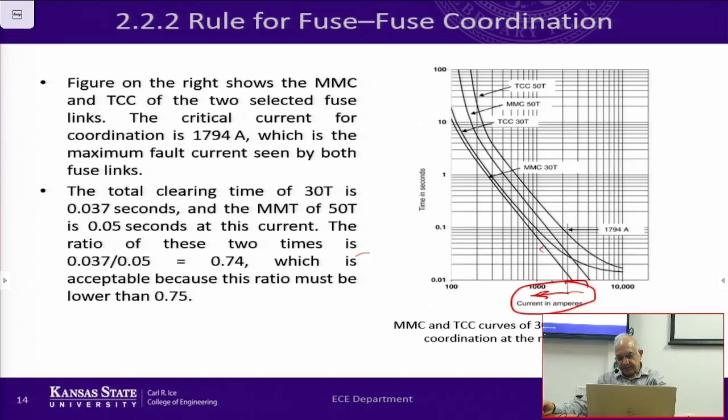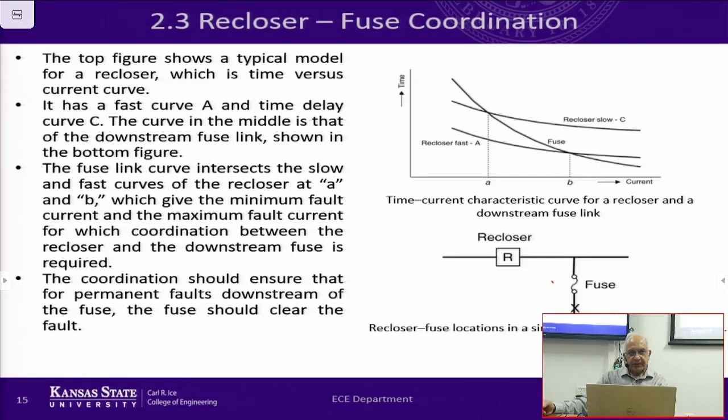Okay, now moving along, we are looking at recloser fuse coordination, which is an important aspect. So in this case, if you have a recloser here and a fuse here, the fault takes place here. Now the recloser has two graphs. One is the fast characteristic, the other one is the slow one. So it's A and C. Now the fuse has its own characteristics, and typically the slope of the fuse does not match the slope of the recloser.